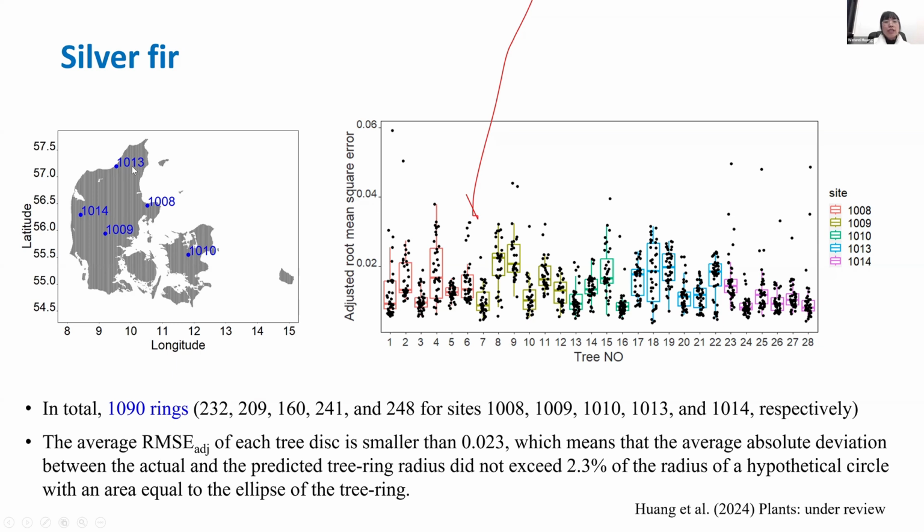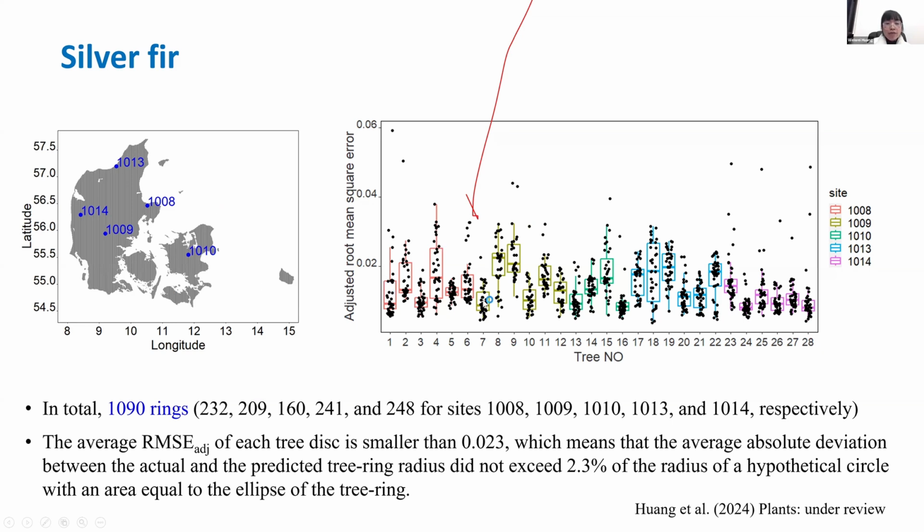So you see the diameter of the tree disc for 1030 compared to the tree disc from 1010. Here, we try to use the superellipse to fit these more than 1,000 tree rings of silver fir. This is the result of the adjusted root mean square errors for these 28 discs from 5 sites.